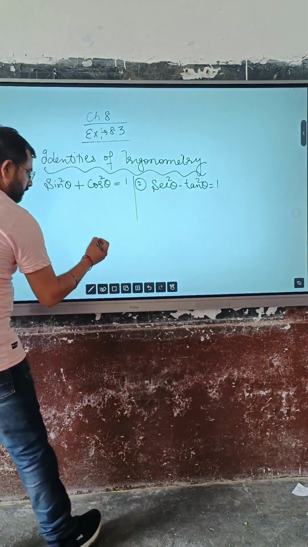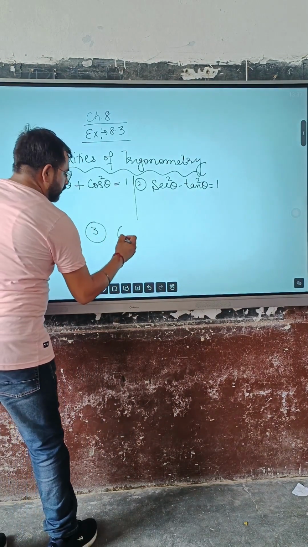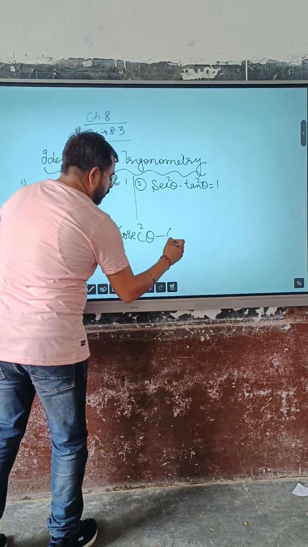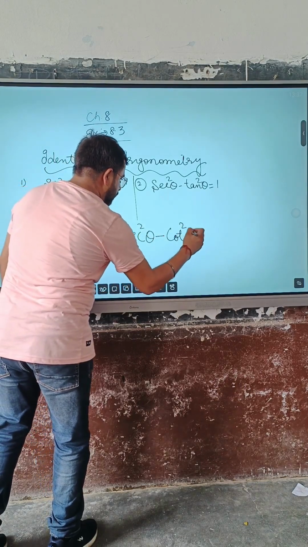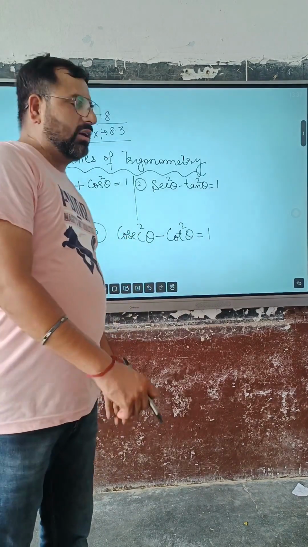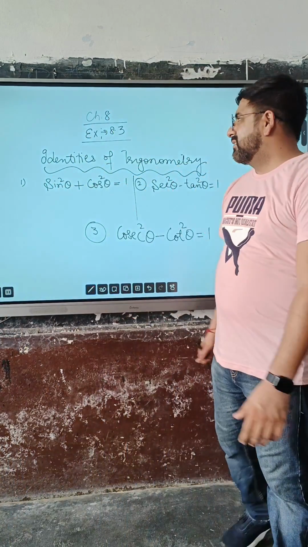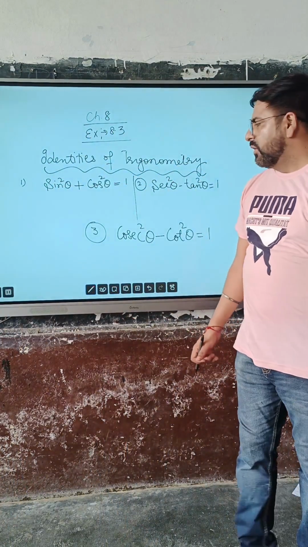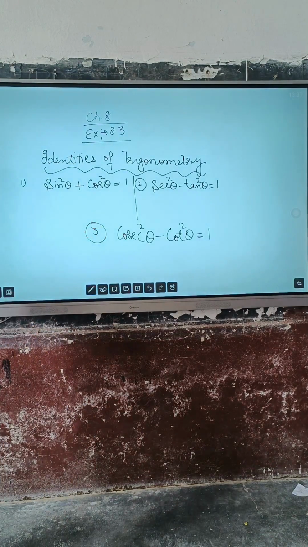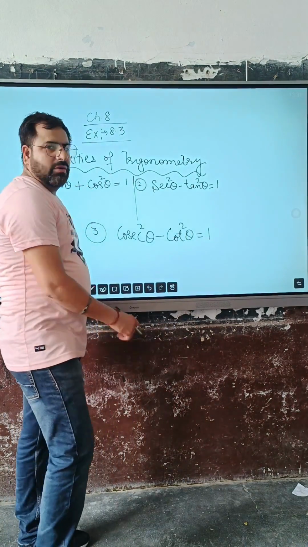Third one is cosecant square theta minus cot square theta equal to 1. So these are the three identities which are used in exercise 8.3. We use these identities to solve and evaluate our problems.